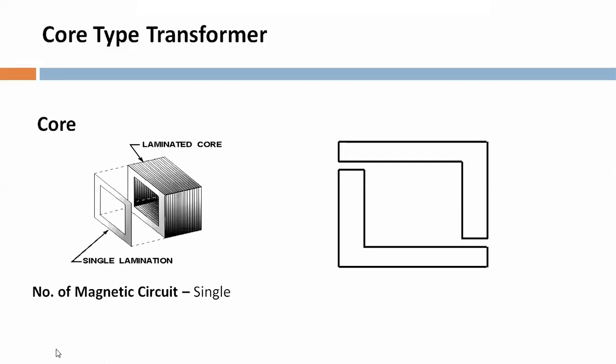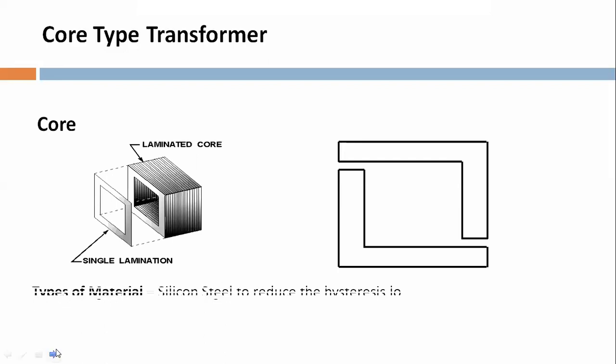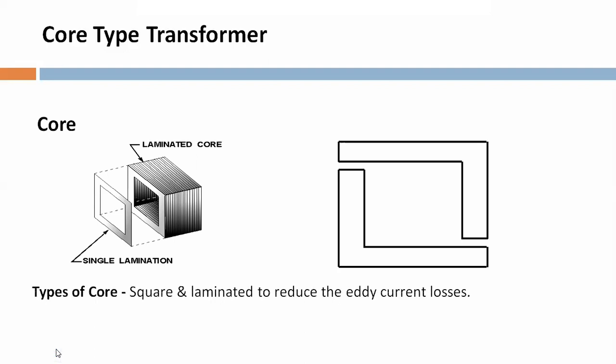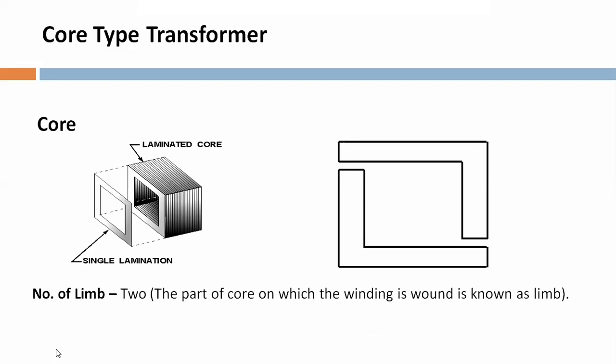Type of material: silicon steel to reduce the hysteresis loss. Type of core: square and laminated to reduce the eddy current losses. Number of limbs: 2. The part of the core on which the winding is wound is known as a limb.